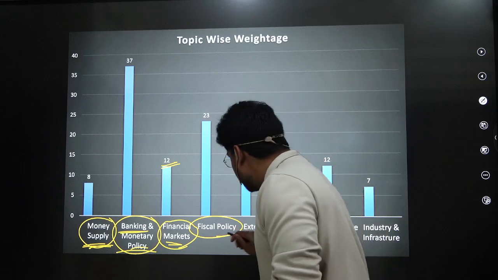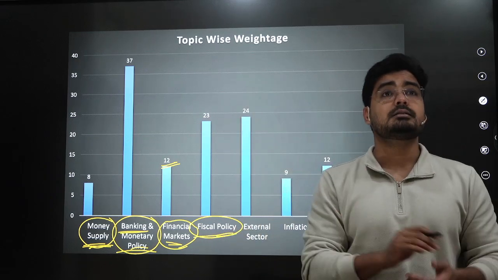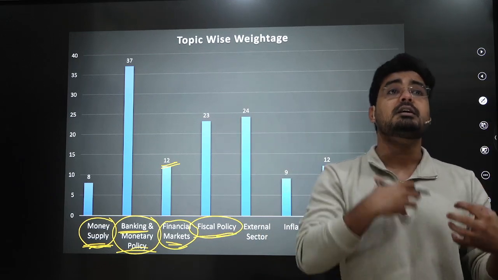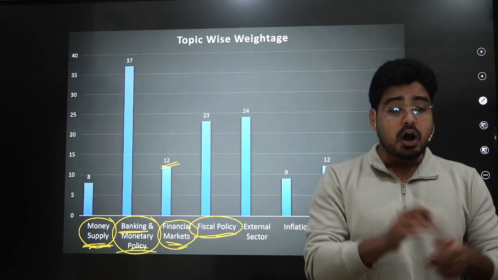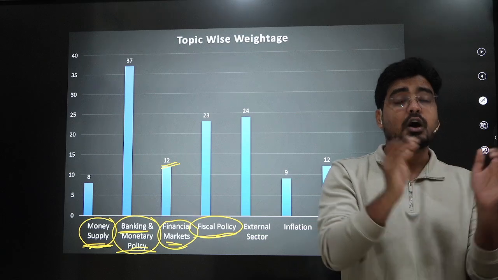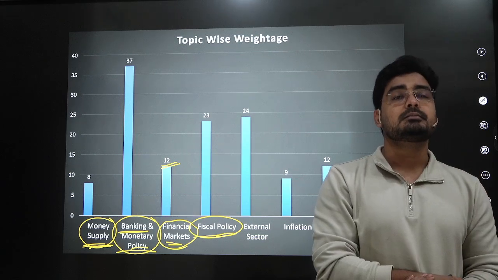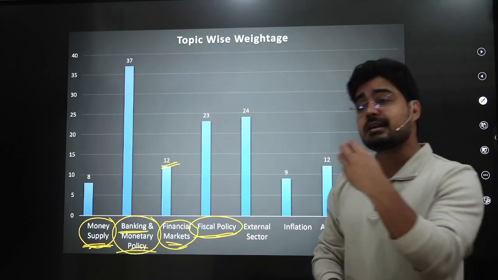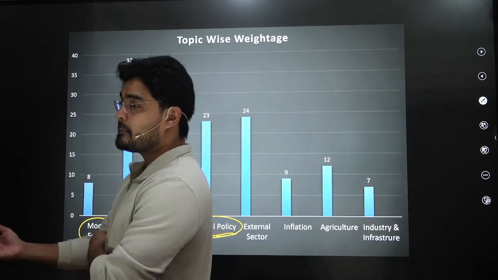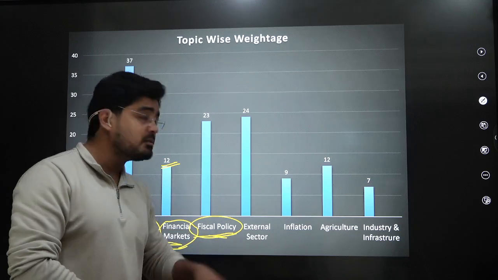Fiscal policy talks about the mobilization of resources and expenditure, and how to reduce the borrowings and the debt of the government, taxes, direct taxes, indirect taxes. All these aspects are studied under fiscal policy.